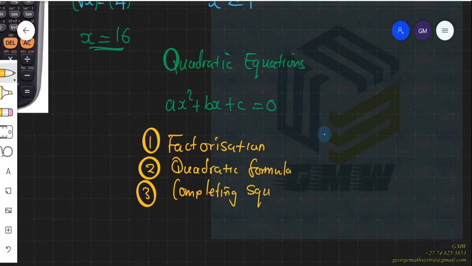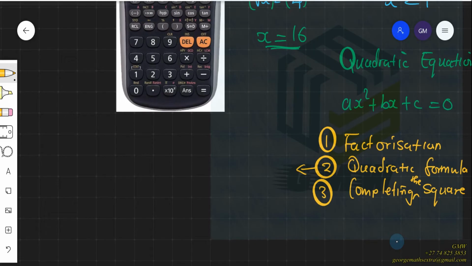Let me put the formula here. So the quadratic formula, if you were to remember it, says x equals minus b plus or minus the square root of b squared minus 4ac all over 2a.